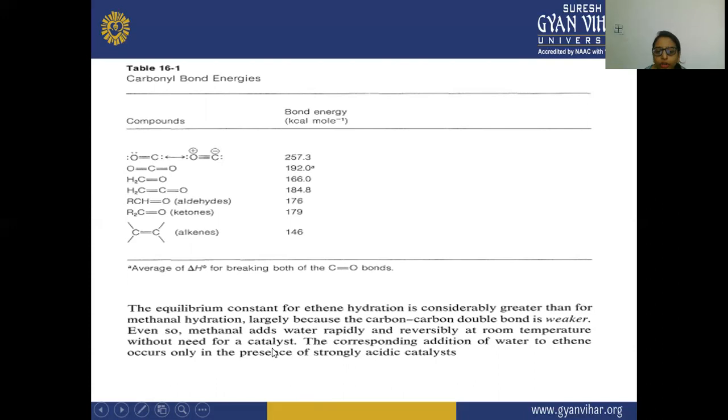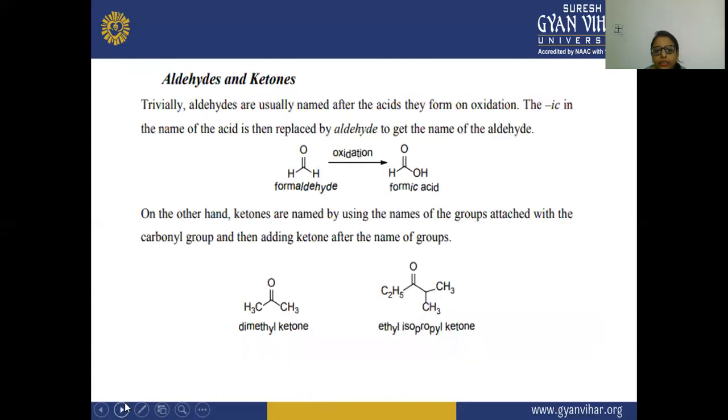The corresponding addition of water to ethene occurs only in the presence of a strongly acidic catalyst.